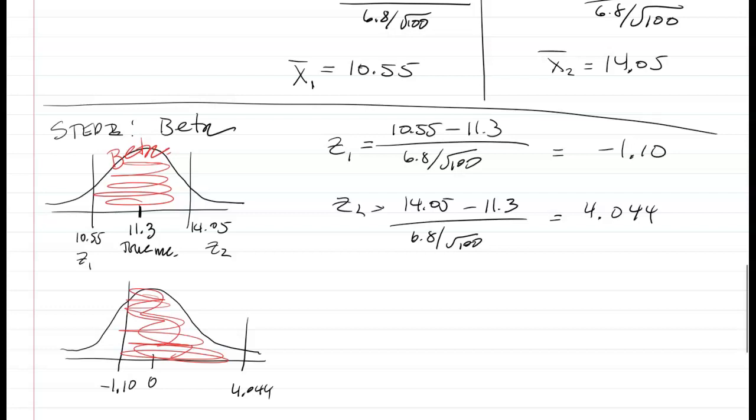Now, this goes back to what you learned in chapter 6 and Stat 1: how do you get the area between those two z-scores? Well, you find the area of the larger one and subtract the other one. This one is so big, so let's go to what is the area to the left of 4.044?